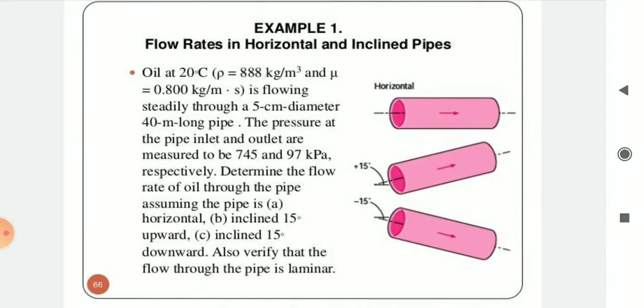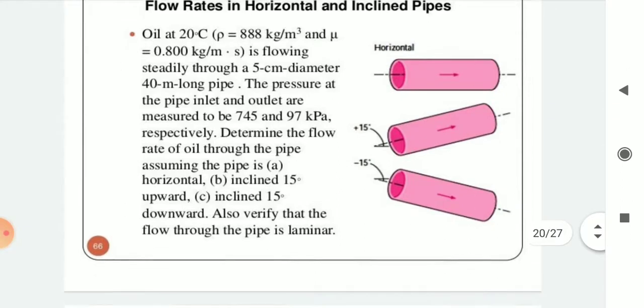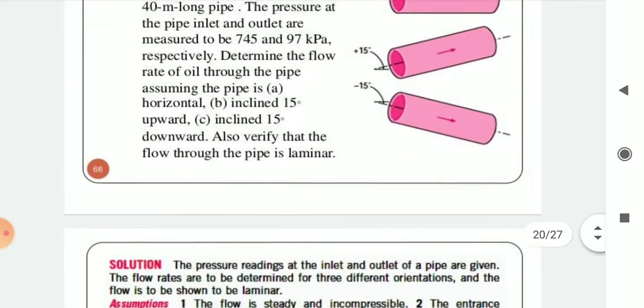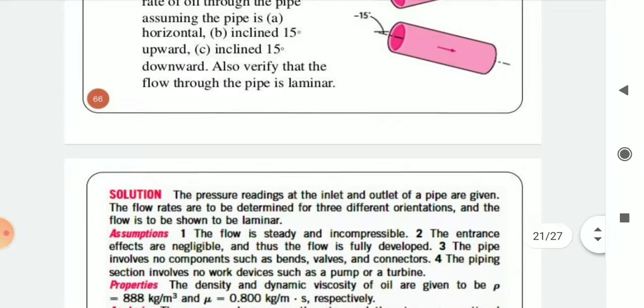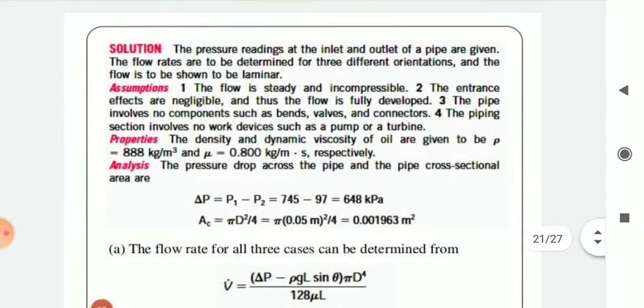Determine the flow rate of oil through the pipe assuming the pipe is horizontal, inclined 15 degrees upward, and inclined 15 degrees downward. Also verify that the flow through the pipe is laminar. So we have to calculate for three different conditions and verify that the flow through the pipe is laminar.